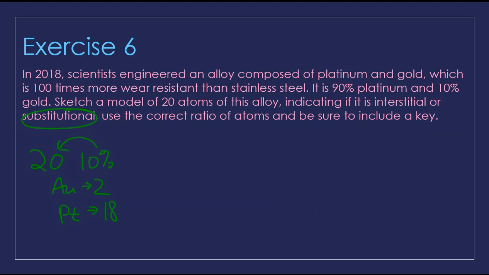And then you draw yourself a little key, like so. So I'm going to make the platinum versus the gold, like so. I would stick to doing 4 rows of 5 or 5 rows of 4. Okay? So 1, 2, 3, 4, 5.